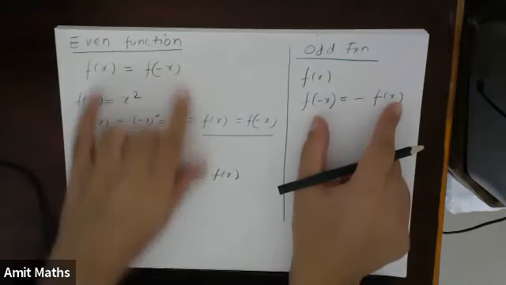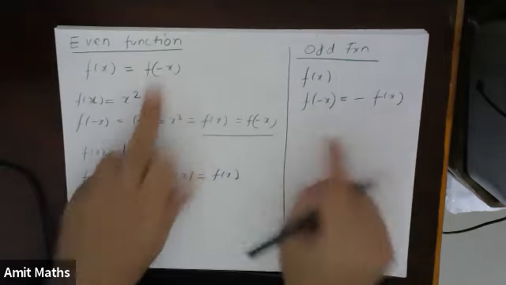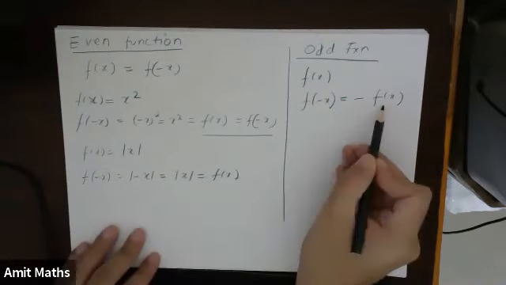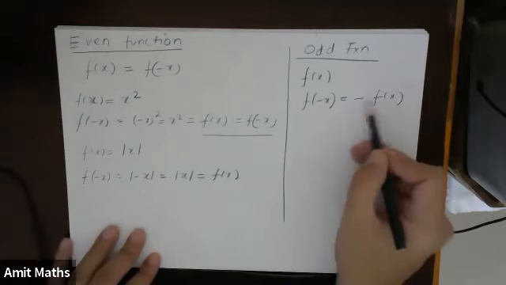In the previous case, in an even function, f of x was equal to f of minus x. In this case, f of x is equal to minus of f of minus x. So now the minus comes outside.